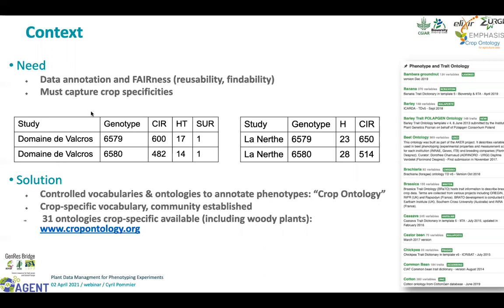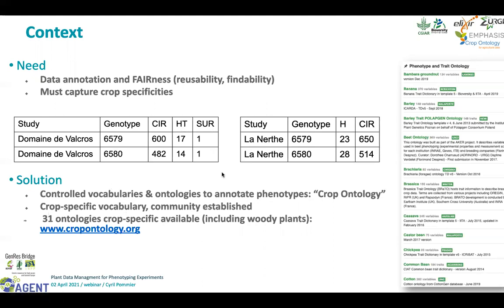So, for instance, if you've got a study, a genotype, and three traits here, SIR, HT, SIR, or here H, SIR, you know that H and HT both relate to plant height, and you must provide a way to link those.